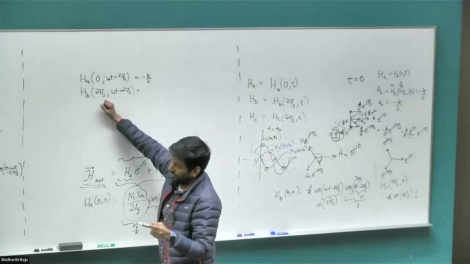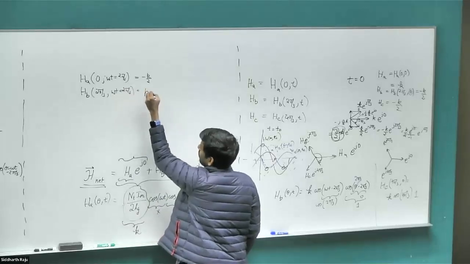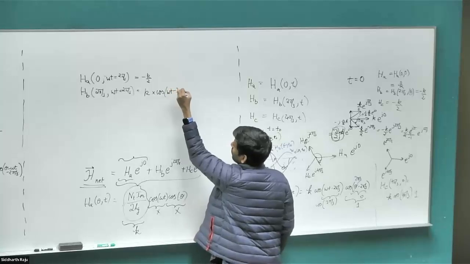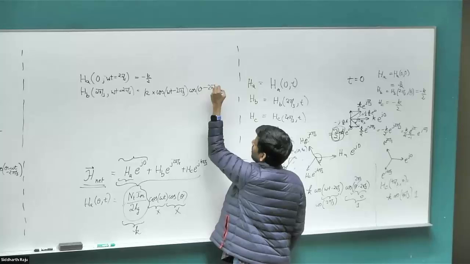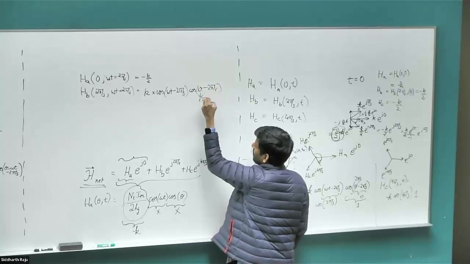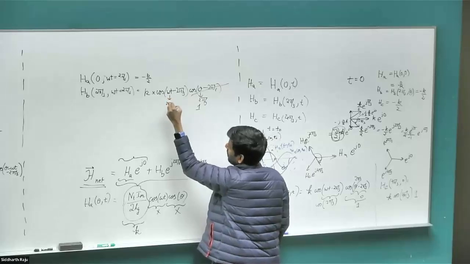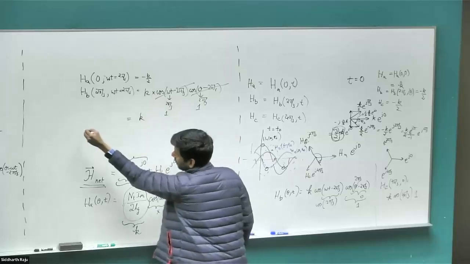Theta I'm already substituting as 2 pi by 3, so this term is just 1. And here if I substitute 2 pi by 3, this term is again 1. So I'm left with k for HB.